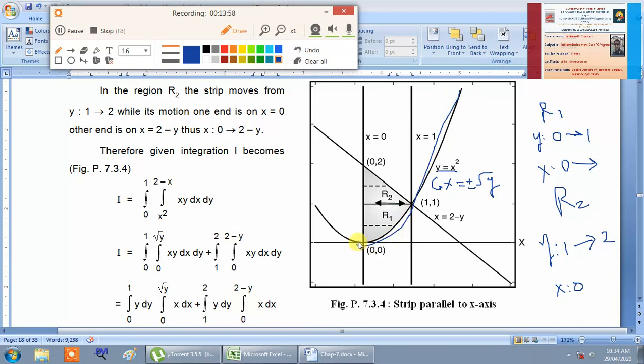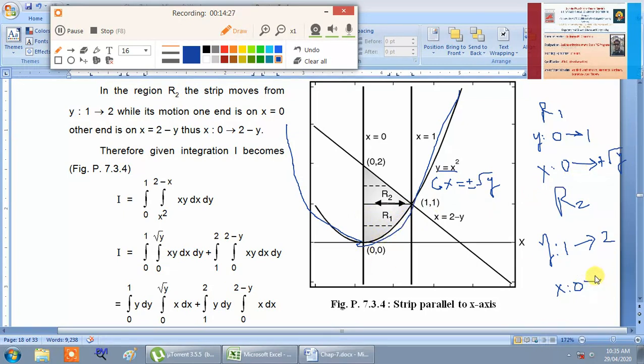This parabola side is x plus, and this is x minus. I am dealing with x equal to plus root y. Note that x plus is on the right hand side of your y axis, so I should select plus root y. So the left end is on x equal to 0, and the right end is on plus root y.